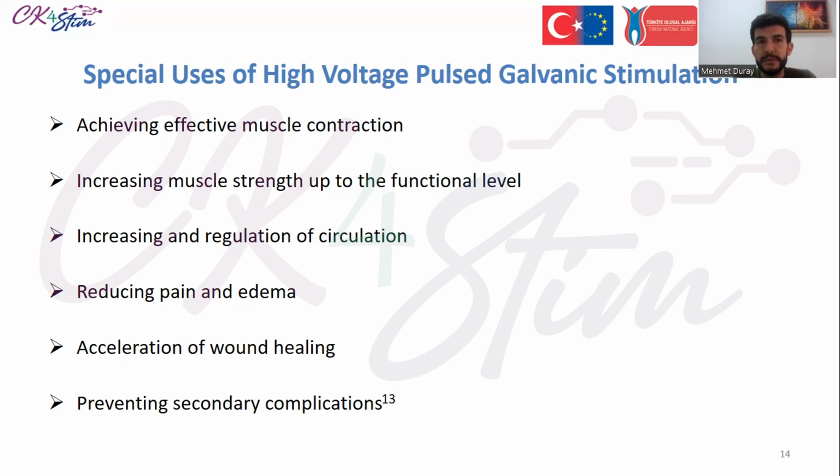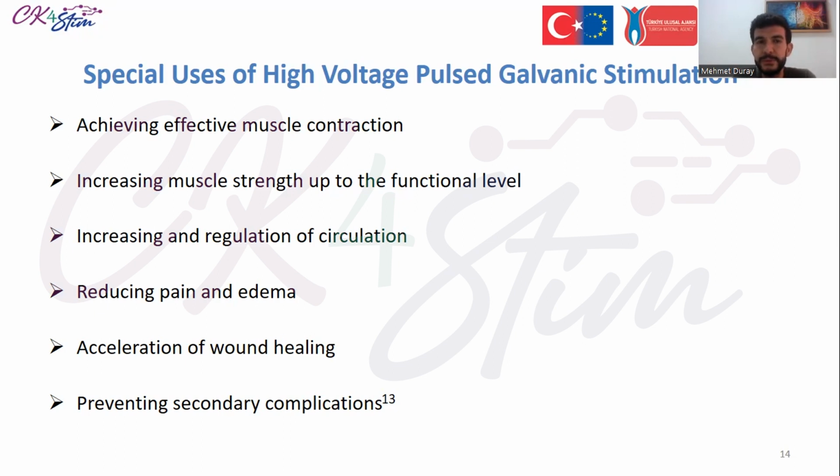If we talk about the special uses of high voltage pulse galvanic stimulation, we can achieve effective muscle contraction with the current, and we can increase muscle strength up to the functional level.